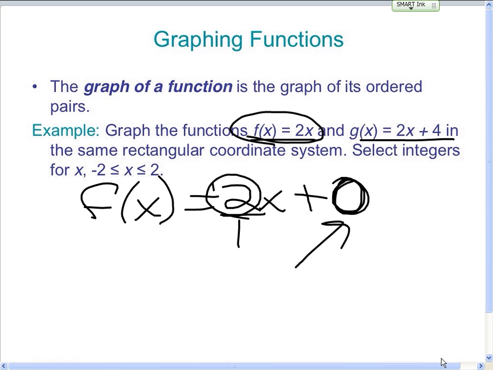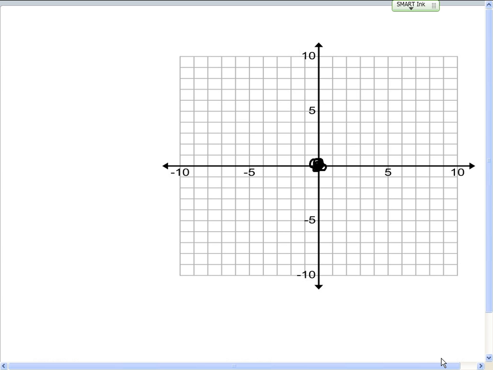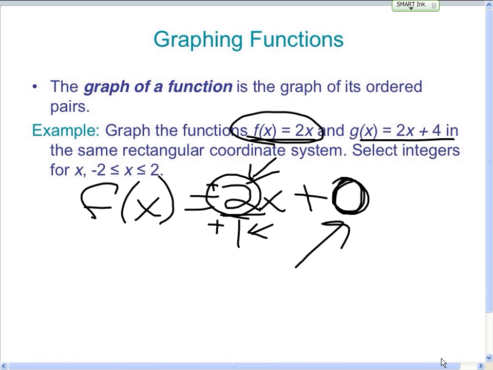The number on top is positive, the number on the bottom is positive as well, so remember the top is how far we go up or down, and the bottom number is how far we go to the left or to the right. From 0, we're going to go up 2 and to the right 1, which puts us here, and connect those dots. That was off, but there you go. So that's my f function.